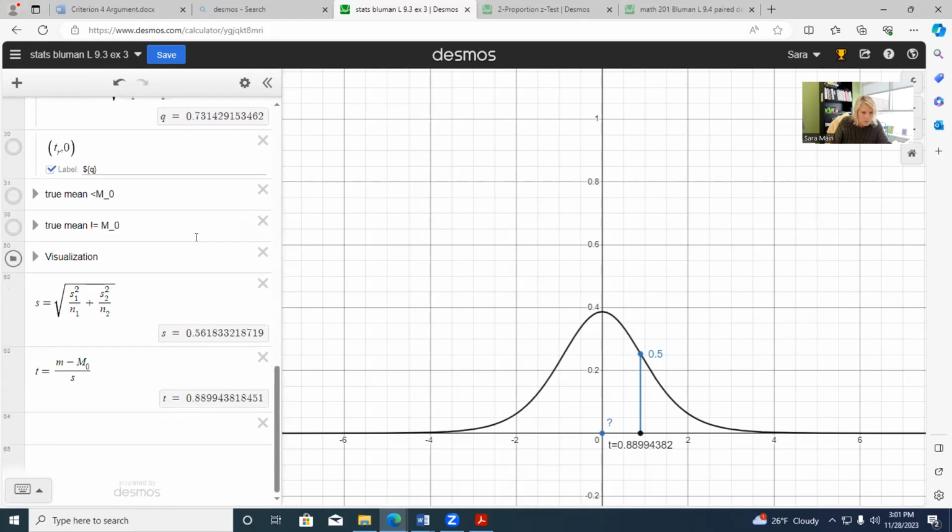So our test statistic, remember on this one, it's all the way at the bottom there. It's 0.8899, not very big.